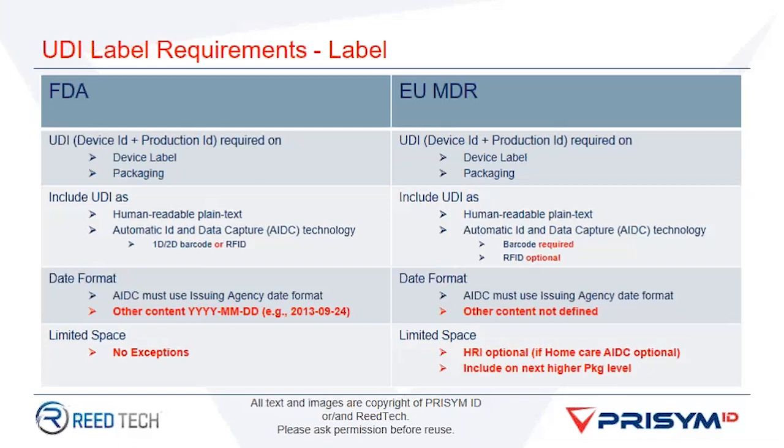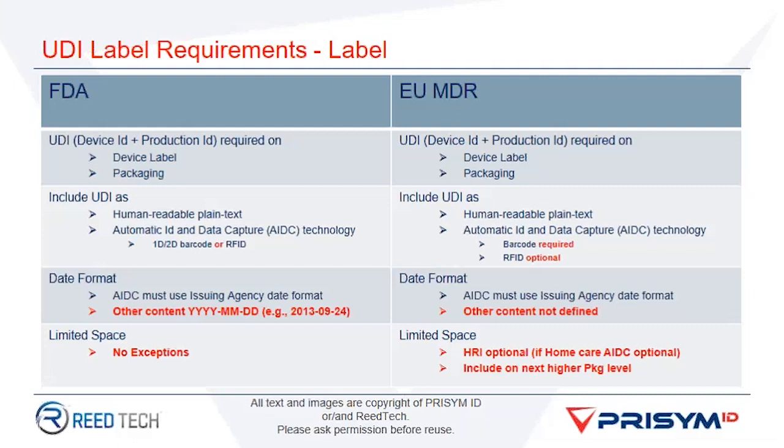In most cases, EU MDR appears to be more prescriptive than the FDA UDI. Here, though, we have a couple of cases where the opposite is the case. When it comes to the format of dates in human readable content, the EU MDR allows for any standard date format. The FDA stipulates the use of the 4-digit year, 2-digit month, 2-digit day format.